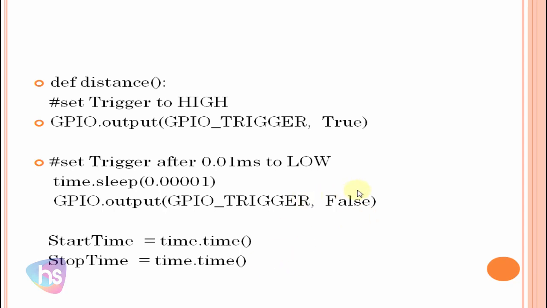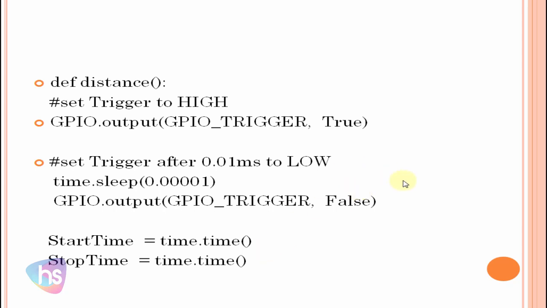First I set the trigger to high, and after 0.01 ms set the trigger to low: time.sleep(0.00001), four zeros after the decimal and then 1, and GPIO.output of GPIO_TRIGGER as False, that is 0, which is low.